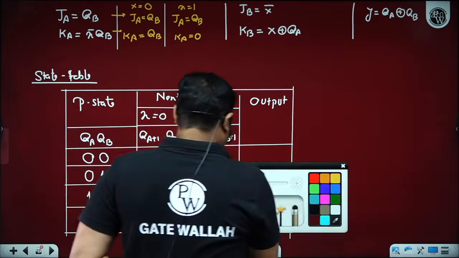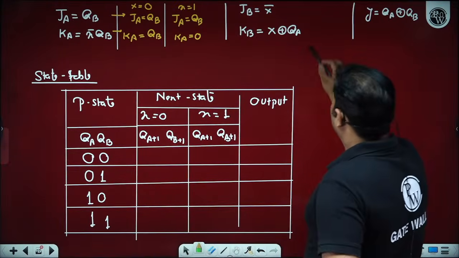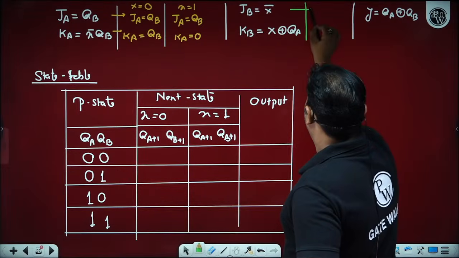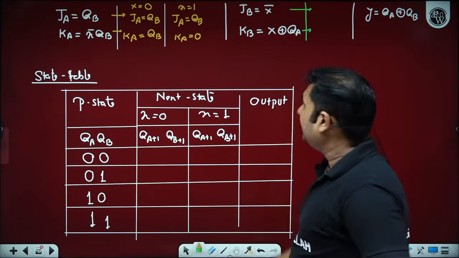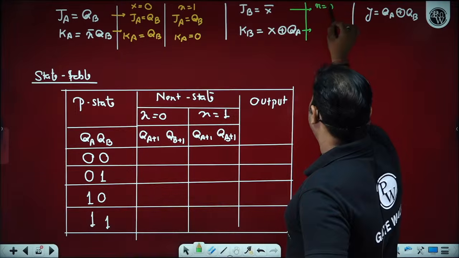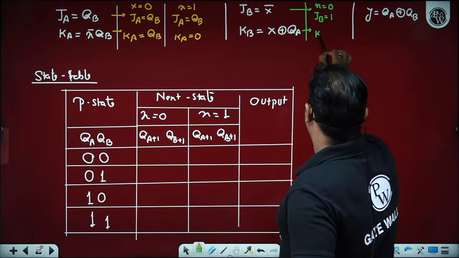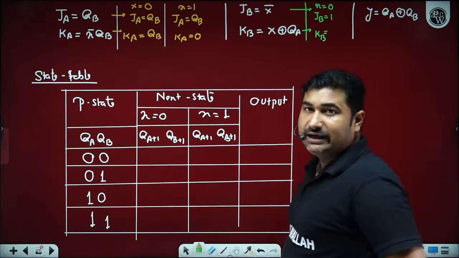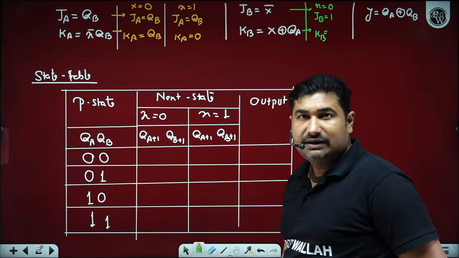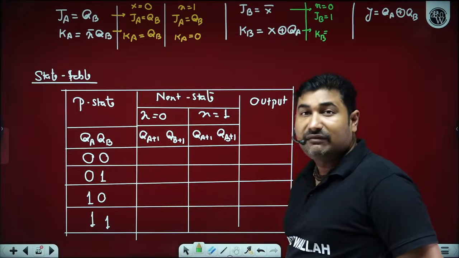In the same way, you can observe for flip-flop B as well. With X equals to 0, JB will become 1 and KB will become QA, since we all know if one input of an XOR gate is logic level 0, it will act as a buffer.